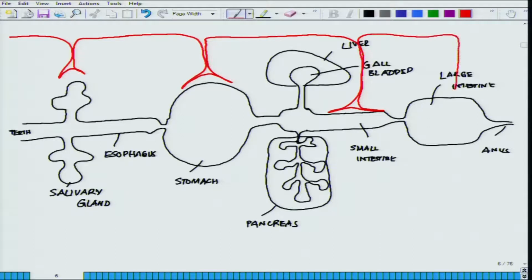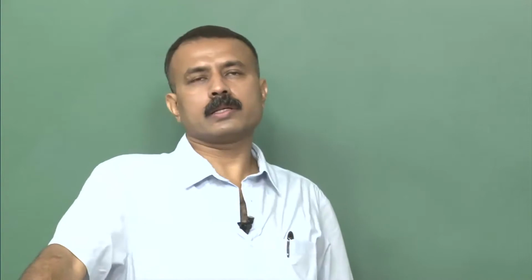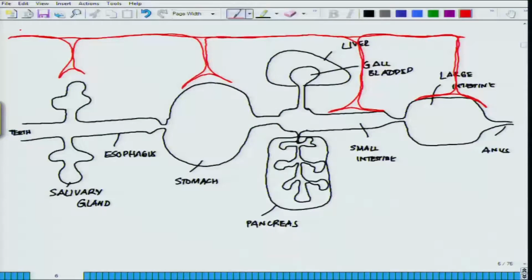Then you have parasympathetic connectivity of the whole large intestine. So, this is your parasympathetic connection. If you look at it carefully, you will see the salivary gland, stomach, small intestine and large intestine are under the parasympathetic control.